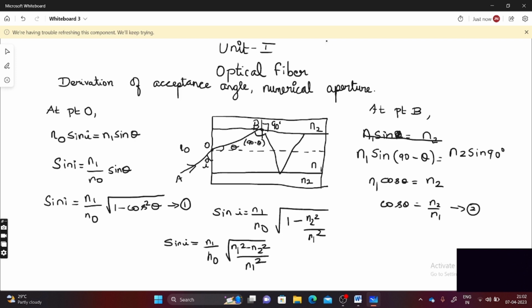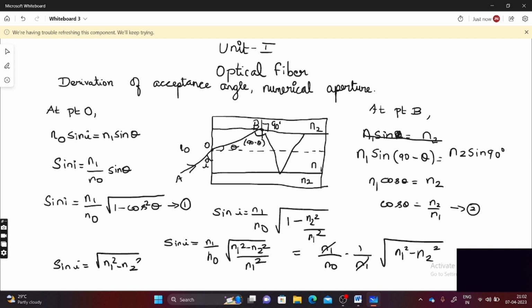Take this n1 square outside. So n1 by n0 into 1 by n1, you will be getting root of n1 square minus n2 square. The n1 and n1 get cancelled. So sin i equals root of n1 square minus n2 square, since n0 is equal to 1, that is, the refractive index of air is equal to 1.